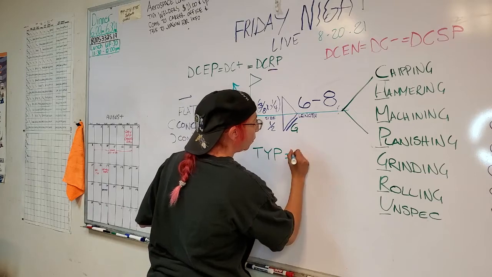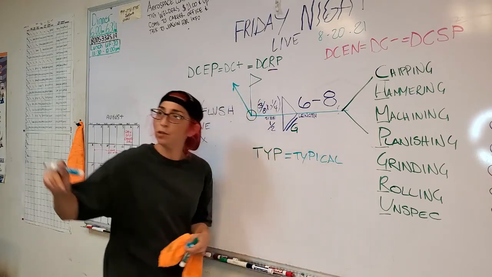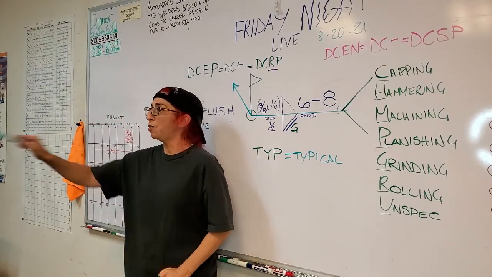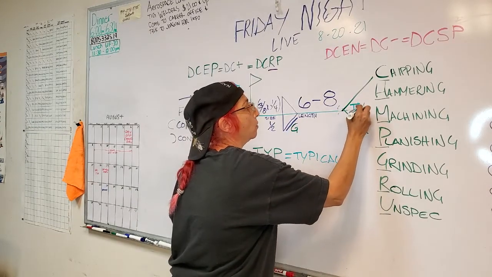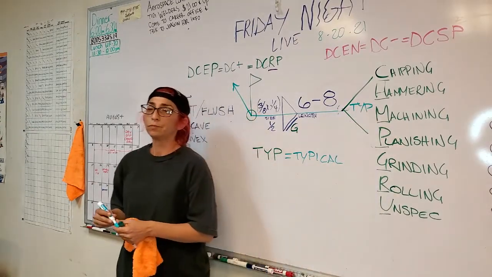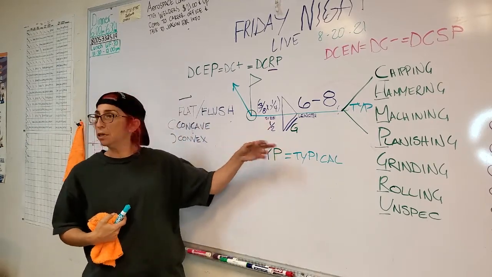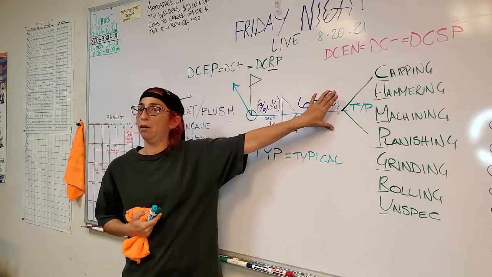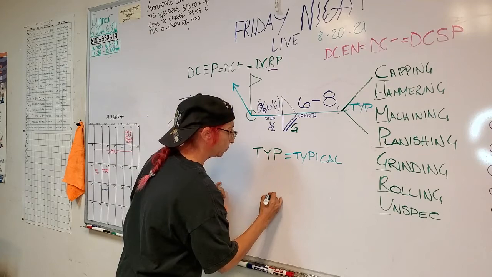Now, tell me what is typical. I gave you one symbol there, right? And the tail had a typical in the fishtail, right? That means that all your pieces are gonna be the same. So instead of me detailing out everything, you might just see this.